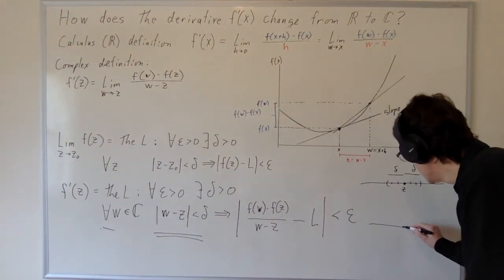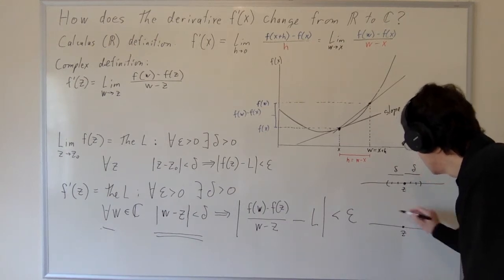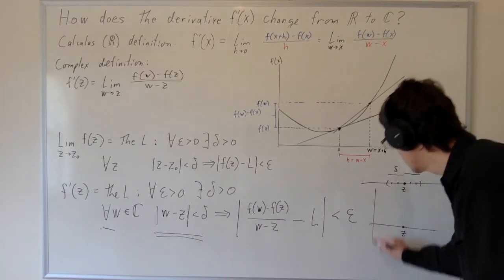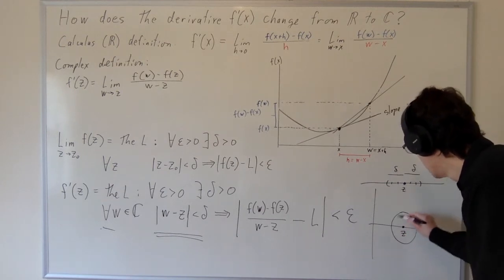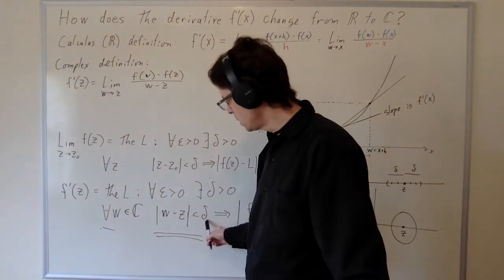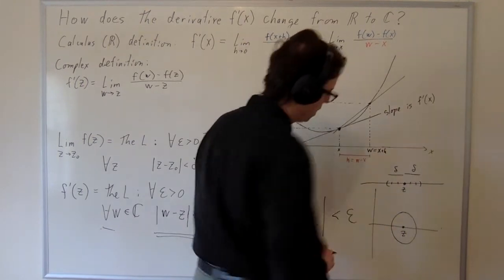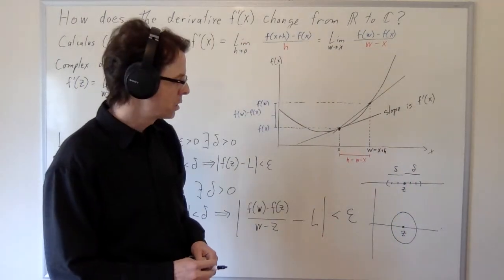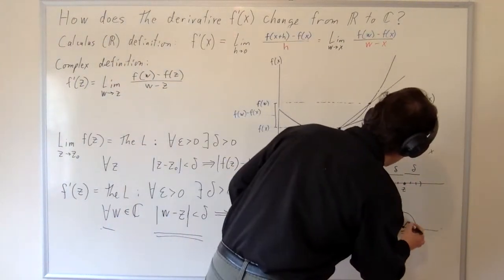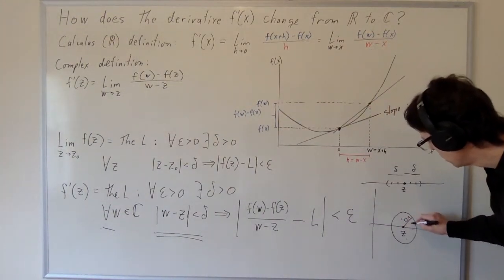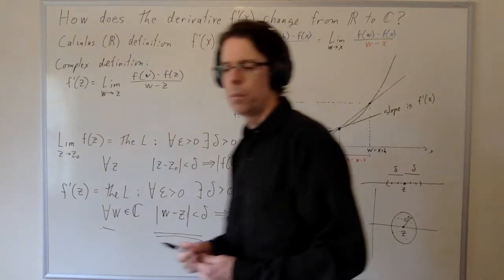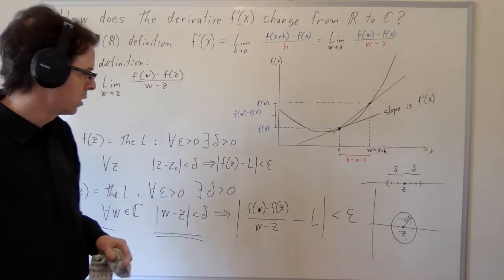Even if z is a real number, it's a real number living on the complex plane somewhere, and the W's that are within the distance of delta from z lie in the complex ball, centered at z, with a radius of delta. So the W's here that matter will be anywhere within that ball. Well, who cares?